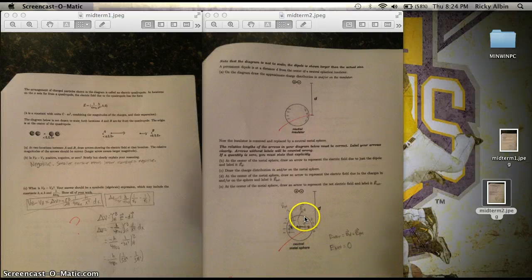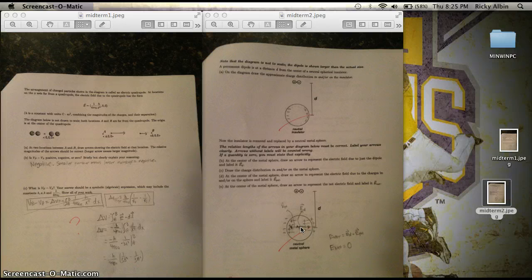The first one, I completely understand why ED, electric field of the dipole, is pointing to the right. The positive is going to be pushing down and to the right, and the negative is going to be pulling up and to the right. If you add them together, you're just pointing to the right.